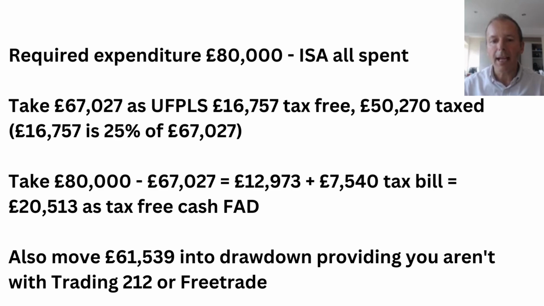And then in doing that, he'd be moving about 61,000 into a drawdown account, and that's providing you're not using Trading 212 or Freetrade, where these cheap pension providers don't really have the facilities available for you to really get the most out of your pension.